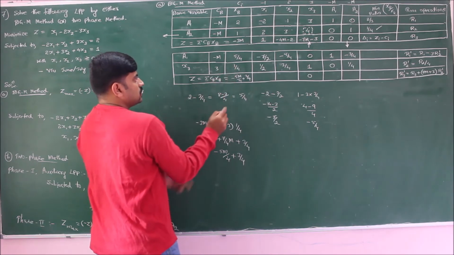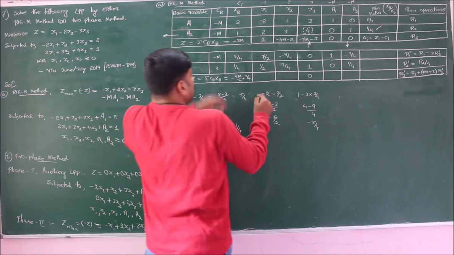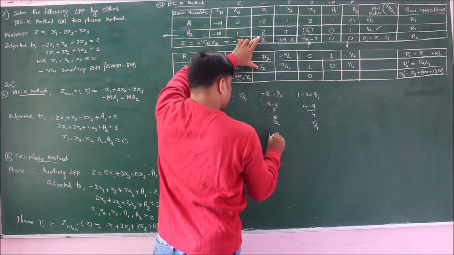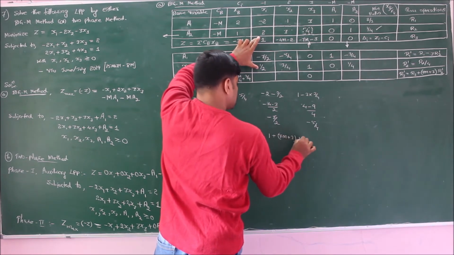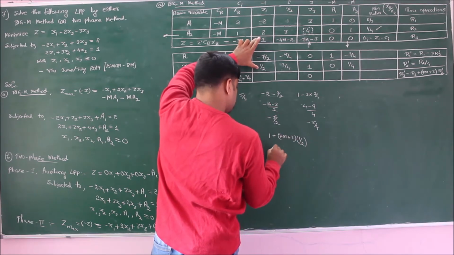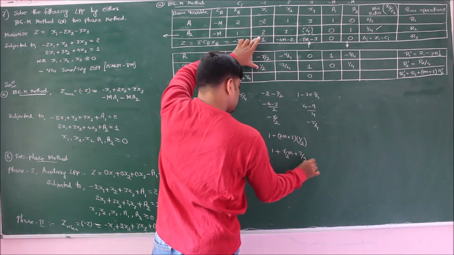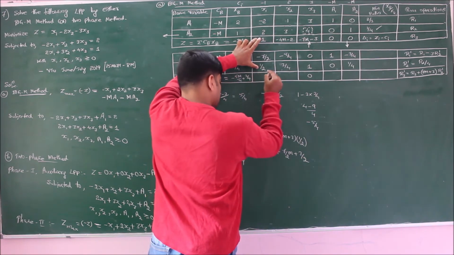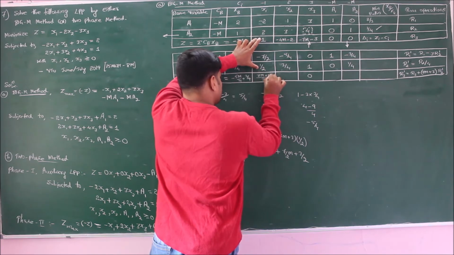The summation also shows the same thing: minus 5m by 4 plus 3 by 4. Coming over here, we have 1, here we have 1 by 2. So 1 plus 7m plus 3 times 1 by 2, which is 1 plus 7 by 2 m plus 3 by 2. 2 plus 3 is 5, so 7m plus 5 by 2.